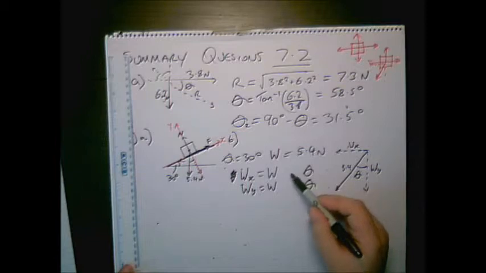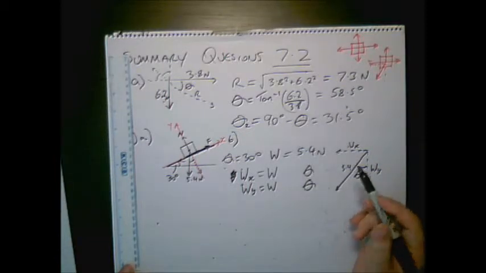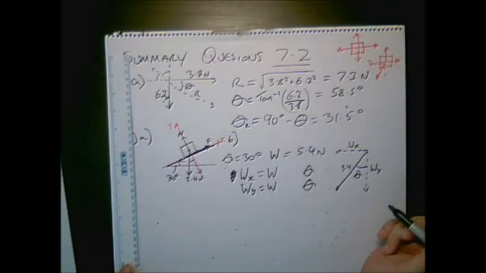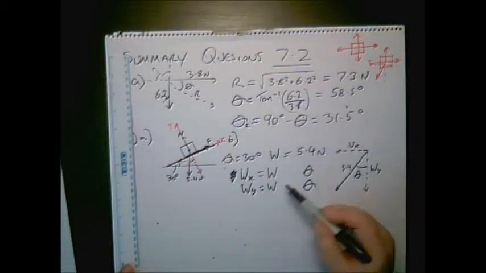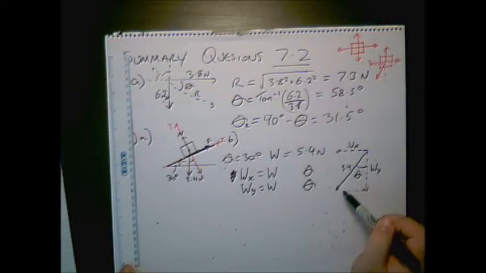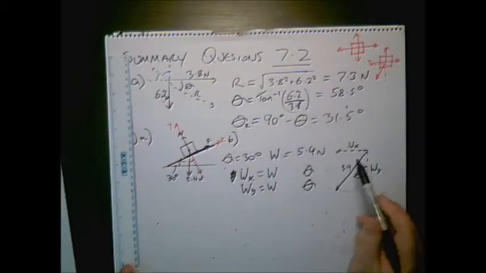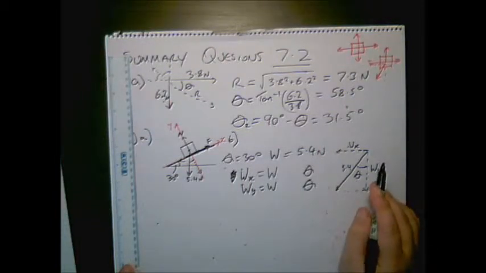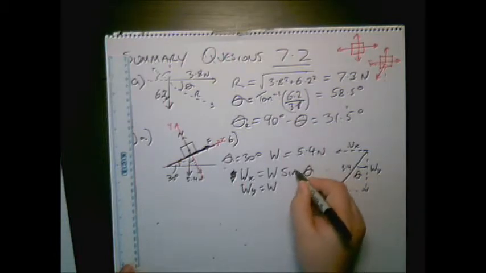Now I decide whether I'm going to write cos or sine, and that comes down to whether I'm looking at the adjacent or the opposite. So the first one, Wx, is theoretically this line here, which is opposite. So we're looking for something that gives us the opposite and the hypotenuse, which would be part of the SOHCAHTOA, or sine theta.